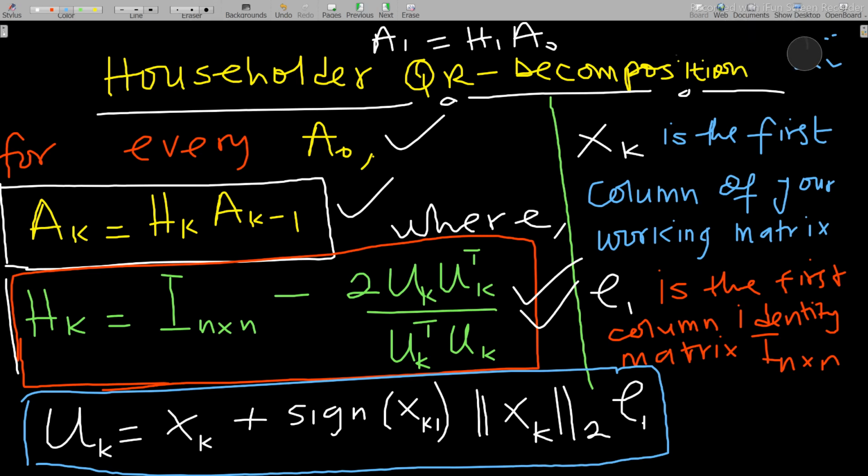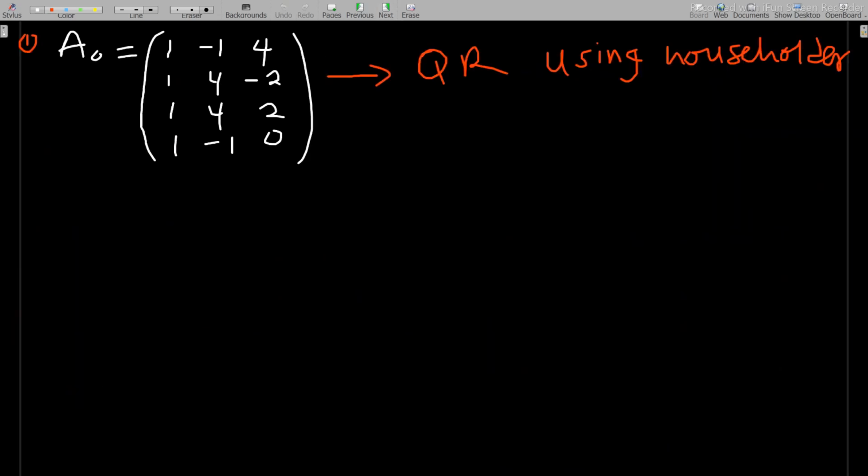So let's take an example, and please look at the formulas, put them somewhere, and then let's start. As I start, I will be explaining some things. We have this matrix here, A naught equals that. You are supposed to decompose this into QR using the Householder method.